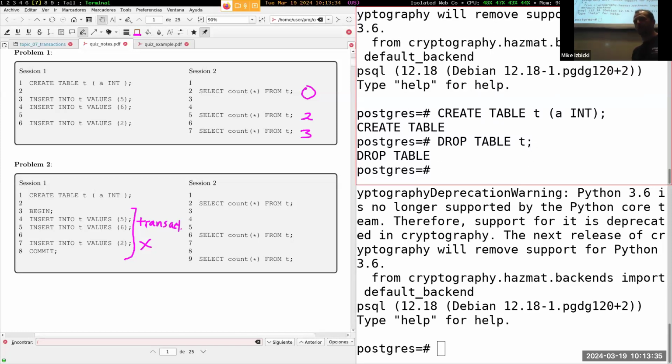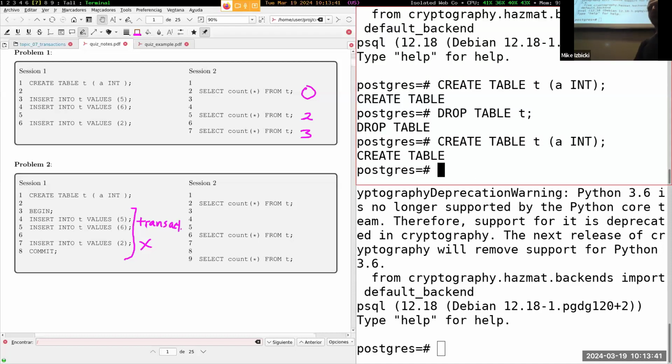That deletes the table from the database, allowing you to rerun the create table command without any conflict. So when you go from one problem to the next, you're welcome to either run a drop command to bring your database back to a fresh state, or, if you want to be totally safe that you didn't forget anything, bring the database down and bring it back up. Any questions about that? How to go from one problem to the next problem?